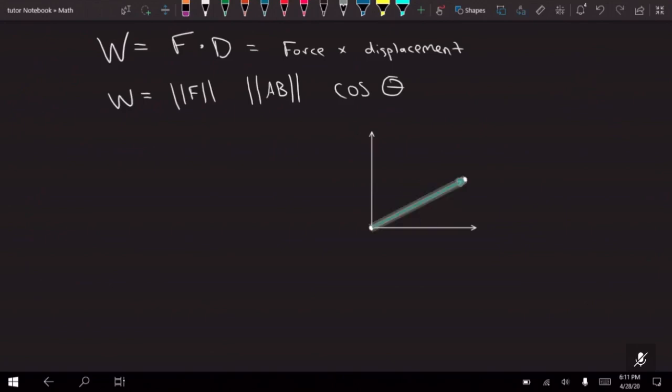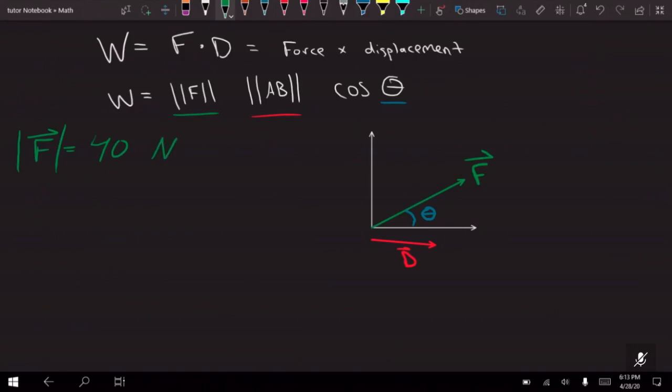And so if we have a force that is acting on an object at an angle theta, we can figure out how much work is done in moving that object a specific distance. So we're just going to come up with some values to use in our work equation.